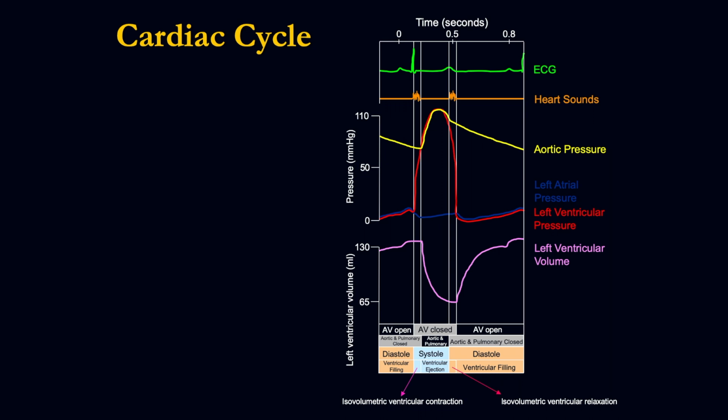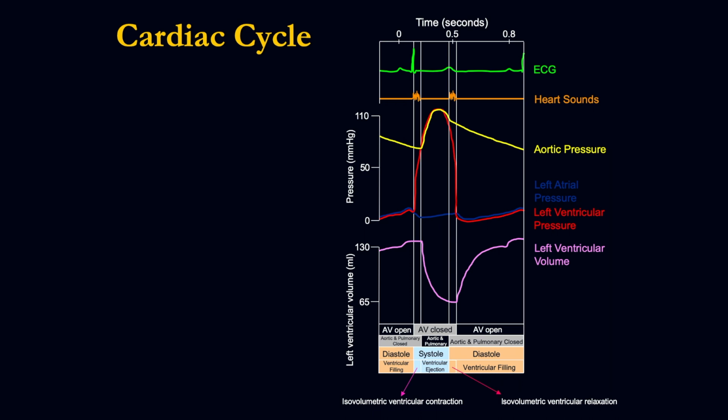And we look at aortic pressure, left atrial pressure, and left ventricular pressure. The third section of this graph has left ventricular volume from 0 to 130 milliliters. The last section of the graph shows you the timing of when everything occurs, so from diastole to systole to diastole again, and when valves are opening and closing, and when there is filling and ejection in the heart.